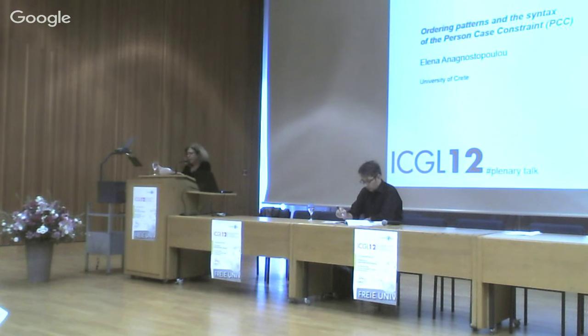And derivation 40, which yields the other clusters, is actually something that we can propose following Preminger 2014. And modifying Preminger, because Preminger talks about agree relationships, and I want to talk about move relationships. But crucially, in his analysis, which is like an elaboration of Béjar and Rezac 2003, what you see in 42 is that there is a person head which is separate from the number head.